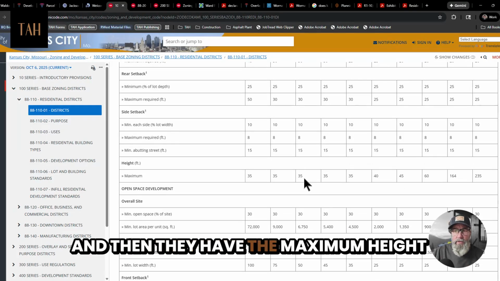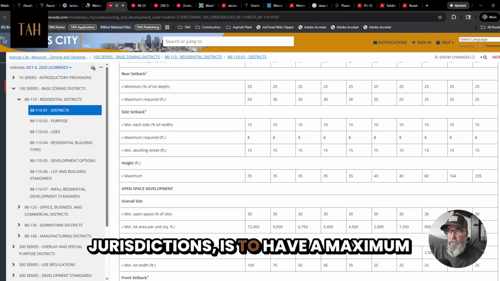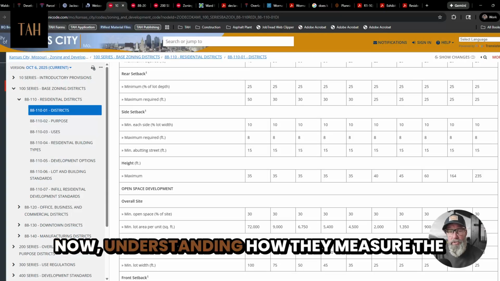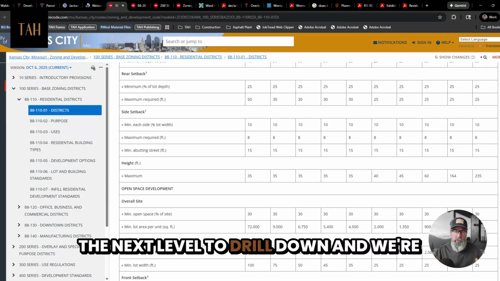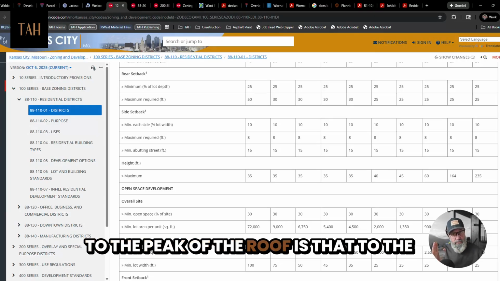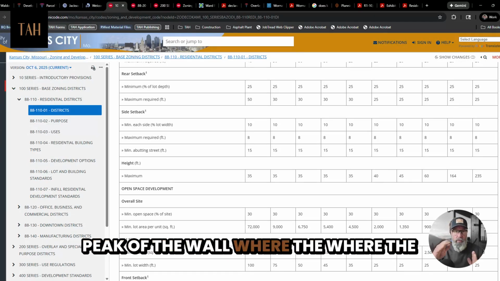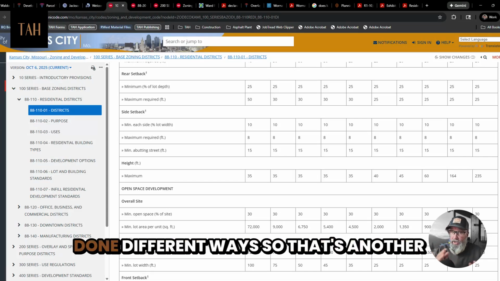And then they have the maximum height limitation, which is very common in most jurisdictions. Now, understanding how they measure the height is the next level to drill down, and we're not going to do that today. Is that to the peak of the roof? Is that to the peak of the wall where the slope begins? Is it midway? I've seen it done in different ways.